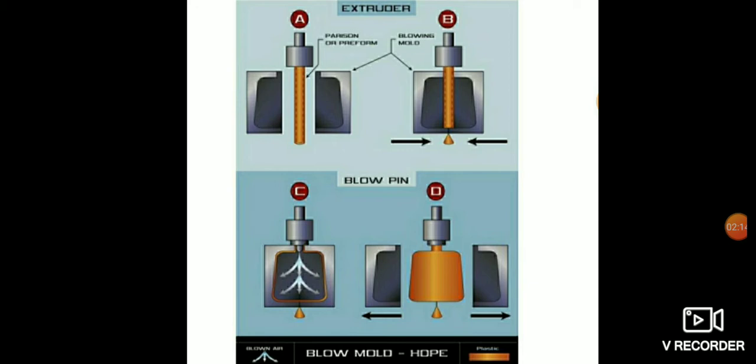The intermittent parison extrusion blow molding machine using a reciprocating screw is often referred to as shot extrusion. The screw rotates and the end retracts, plasticizing or melting as the resin moves back, then charging the shot in front of the screw.